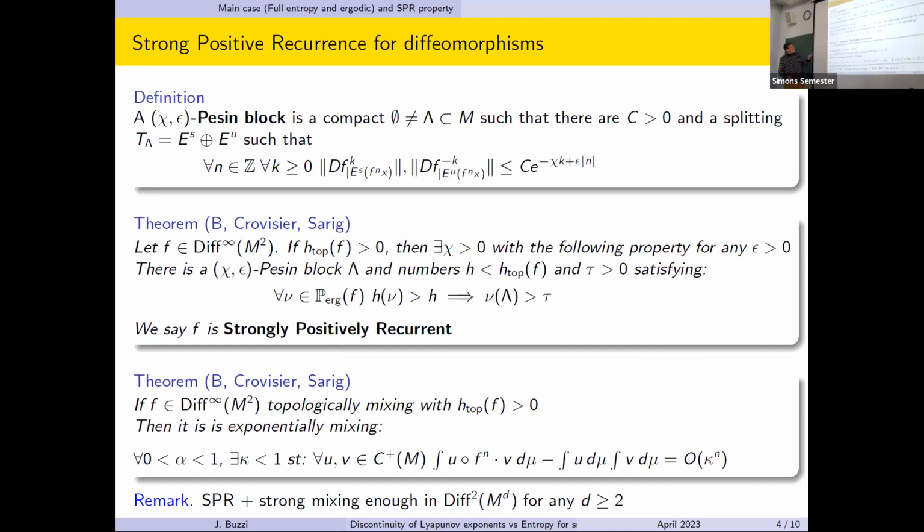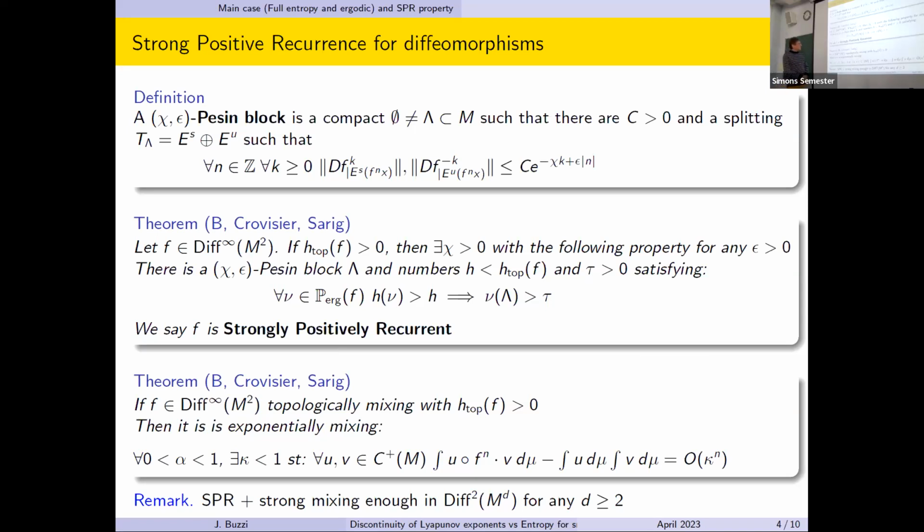On this set, Pesin theory can build local stable and unstable manifolds. So these are sets very relevant to study non-uniform hyperbolicity.